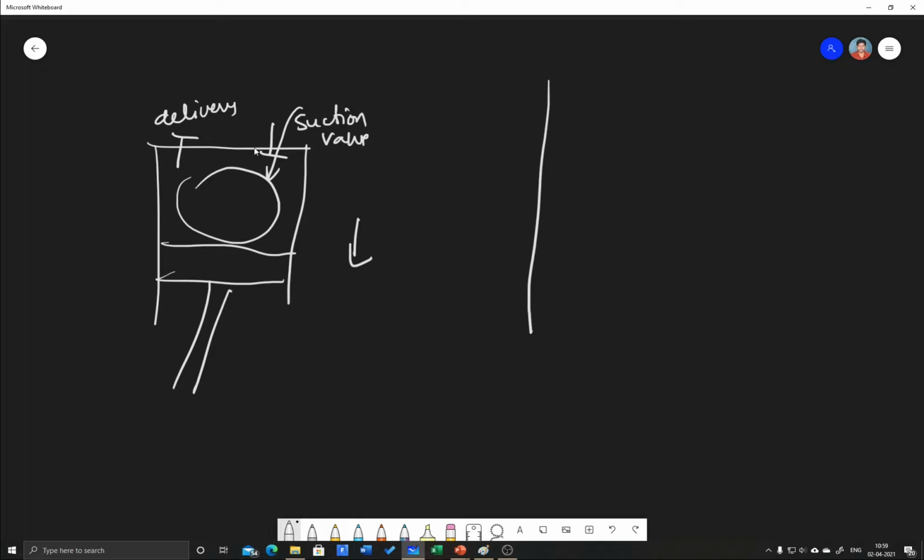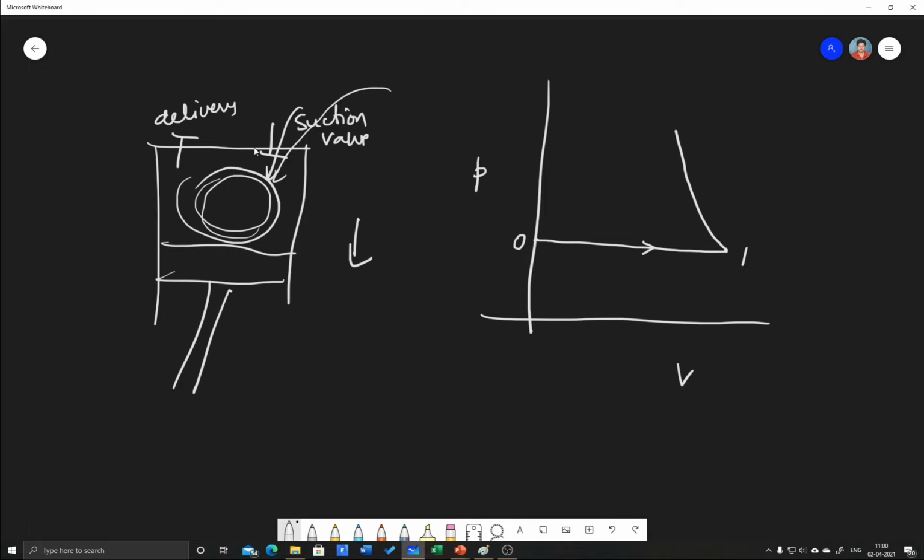So if you draw a PV diagram, from top dead center to bottom dead center, this is 0, this is 1. From top dead center to bottom dead center, to maintain constant pressure inside the cylinder, fresh air will be coming into the system. After that there will be a compression.